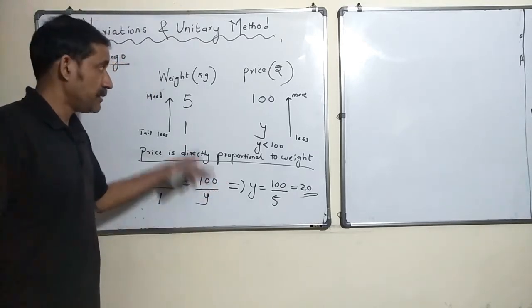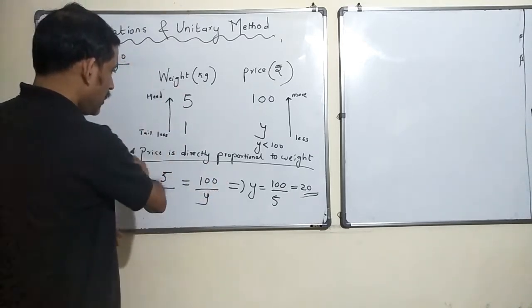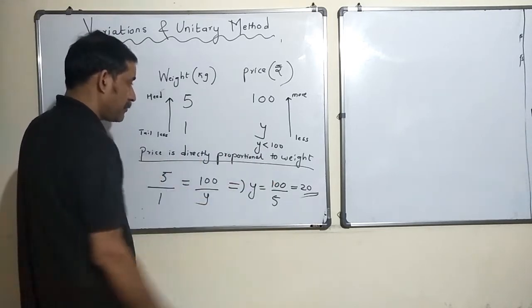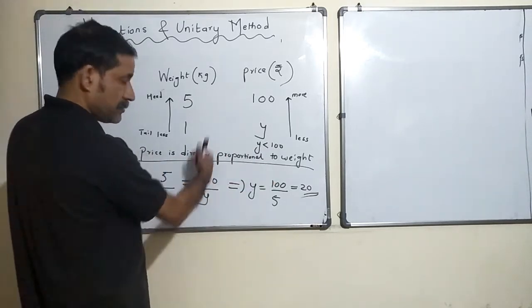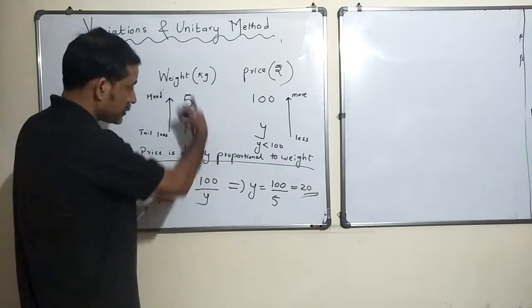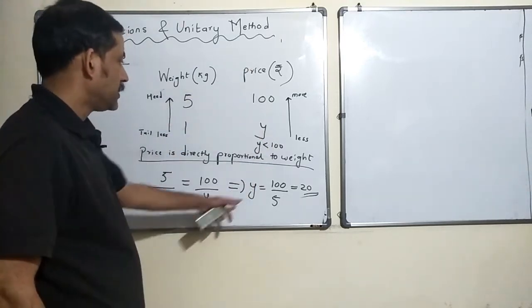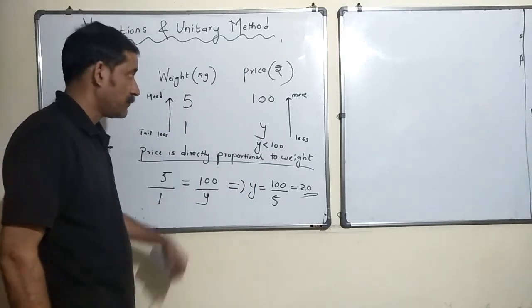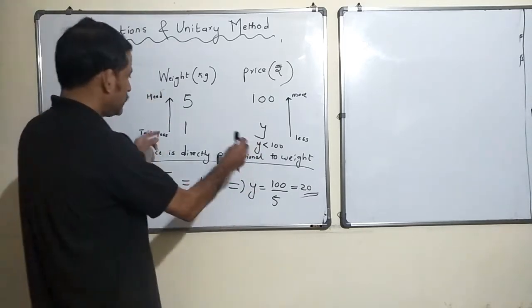This is not the unitary method, I am just using the concept of one being directly proportional to the other and then the ratios, okay, of one by other is equal to this by this, right? So it is 20 rupees, right? This is what we figured out, but would this always be the case?